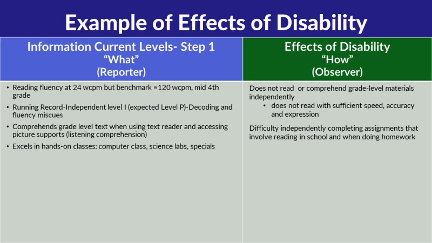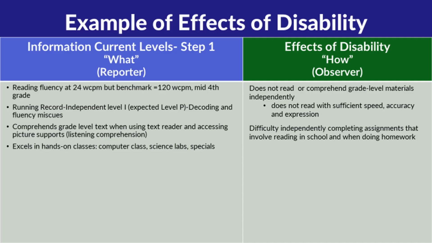In this example, the student's disability is affecting the student's ability to read grade level material and complete assignments when reading is involved. Data report what is occurring. Reading fluency at 24 words correct per minute, but the benchmark is 120 words correct per minute.